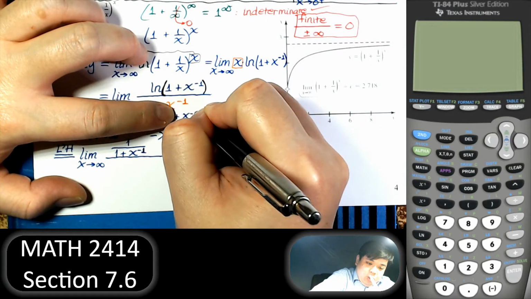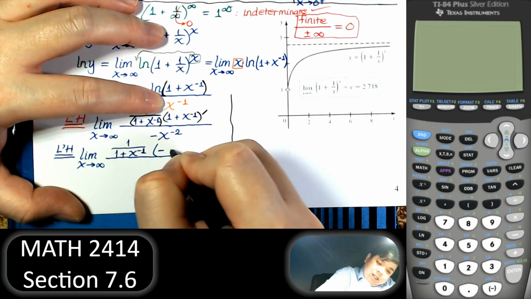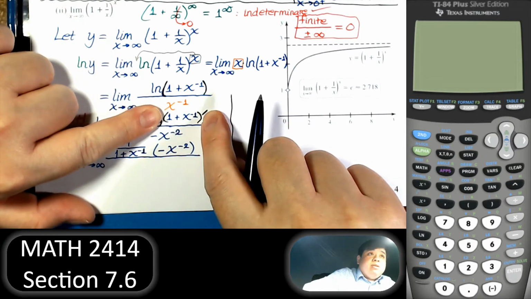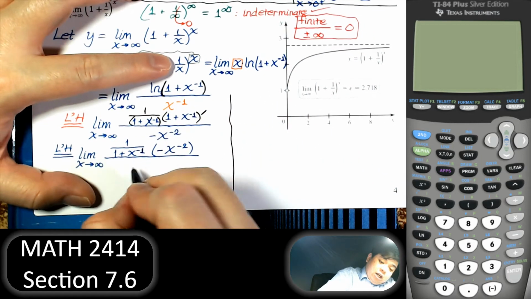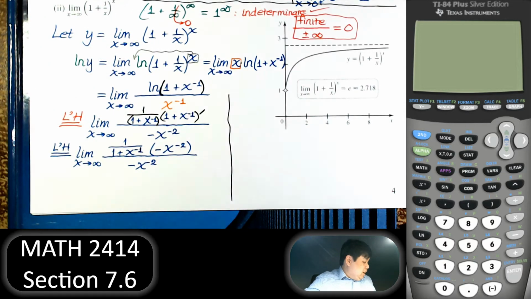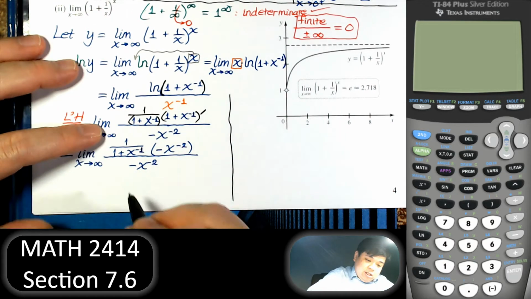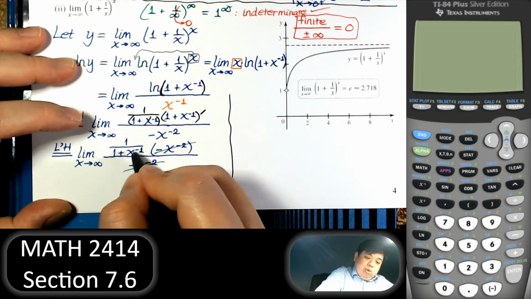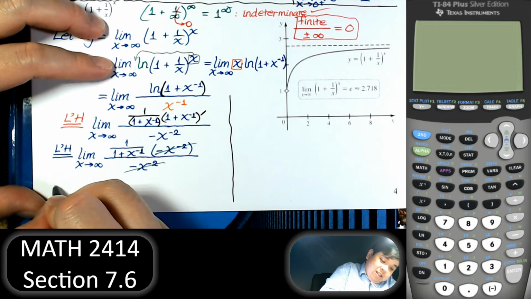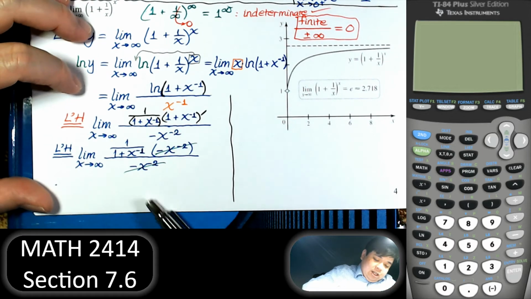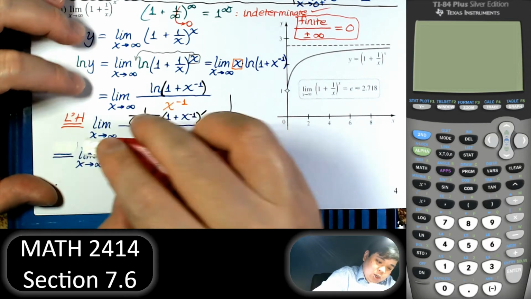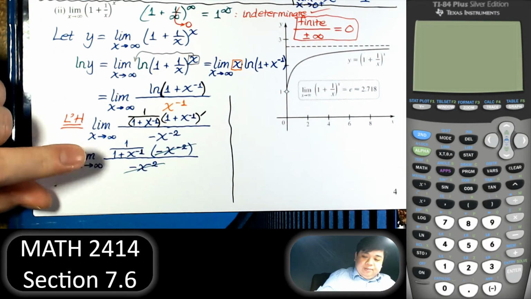The derivative of x to negative 1 is negative x to negative 2. At the bottom we have negative x to negative 2, which is very convenient. They will cancel out completely, and we're just left with that, which is very good actually. There's no more L'Hopital rule here. We only do that once, not here.